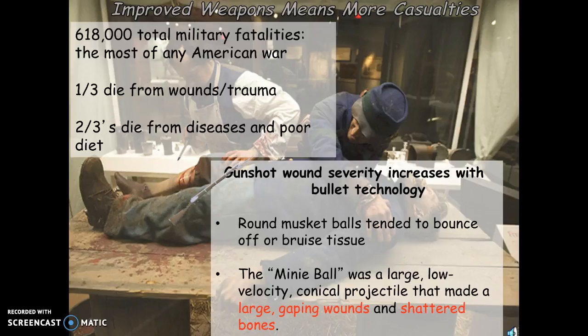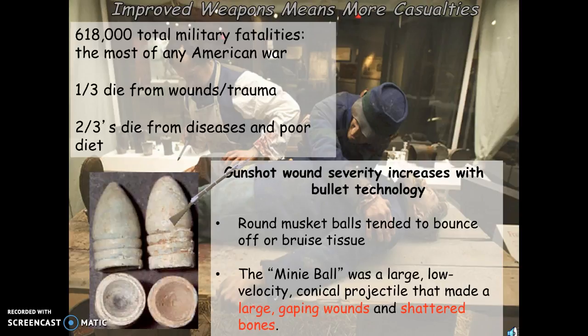But one of the reasons the fatalities and the casualties were so high in this war is because we had increased new technologies, especially with our bullets and our rifles. The North was using the 1861 Springfield rifle, and they also used a new version of a bullet called the mini ball. And we've talked about this. I actually had some to show students as well. You can see it's a conical shape, so that improves the aerodynamics of it.